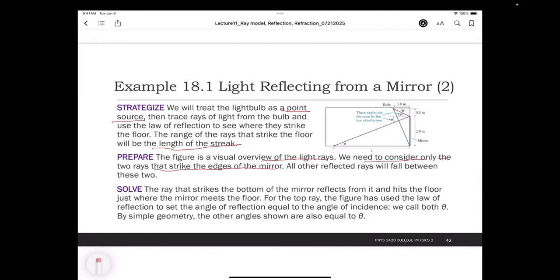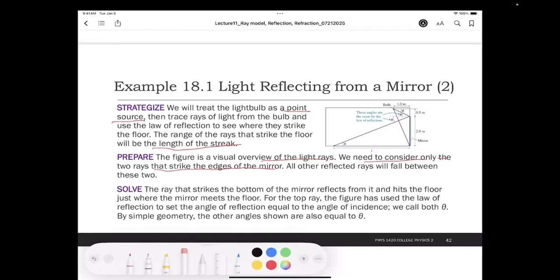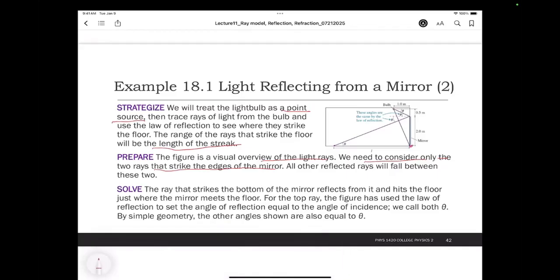The ray that strikes the bottom of the mirror is reflected from it and hits the floor just where the mirror meets the floor. Here.